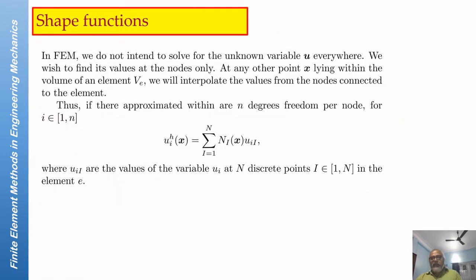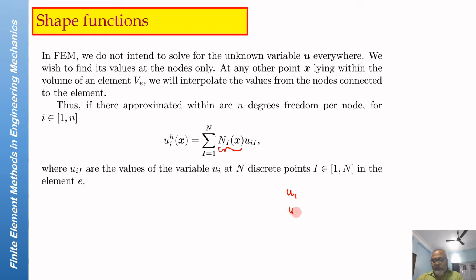Now, in order to do that, we introduce the concept of something called a shape function. So shape function, depending on the dimension of the problem, may be a function of one variable, two variables, or three variables. And then you have, at every node, a set of degrees of freedom. Let's call them u.